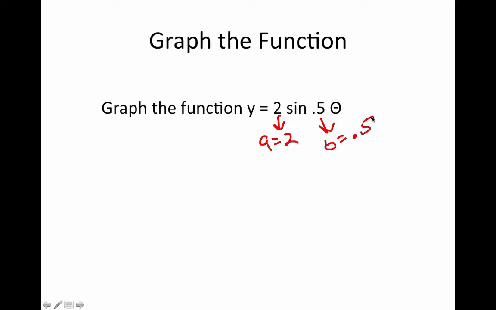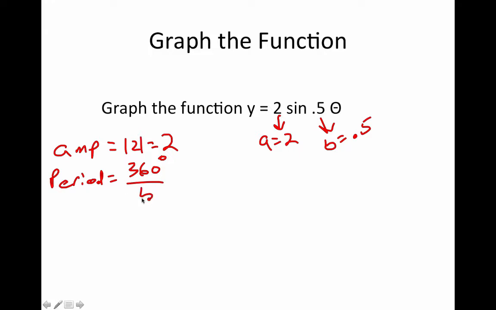And going back to what we just said, the amplitude of this function is the absolute value of a, which is 2. The period of this function is 360 degrees divided by the value of b, which is 360 over 1/2, which is 720. That means we're going to get through our sine cycle in 720.